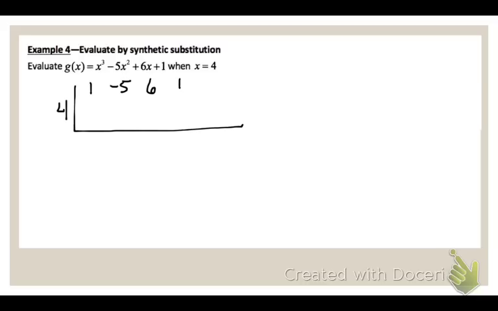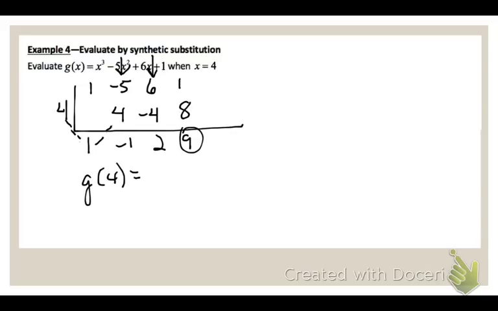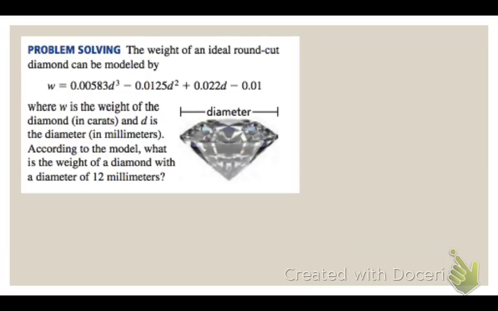So I'm going to bring down my leading coefficient, multiply on the diagonal, putting it up underneath, and then I'm going to add on the vertical, so it'll be negative 1. I'm going to multiply, and then add on the vertical, multiply, and add on the vertical. So when I plug in, oh, this is a g function, so g of 4 equals 9.